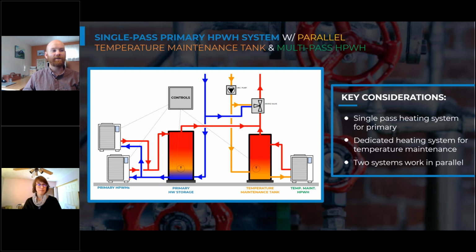So the unit would be drawing 100-degree water, and then all of a sudden it's drawing 50-degree water from our city water connection. That change can shock the heat pump. And so it's a more appropriate design approach to mix it in first. However, we've done numerous projects where it's essentially connected on this end.